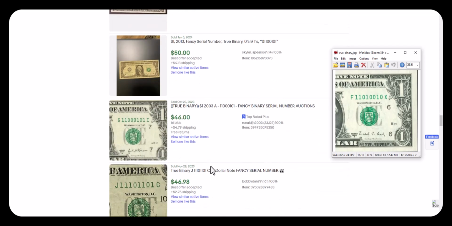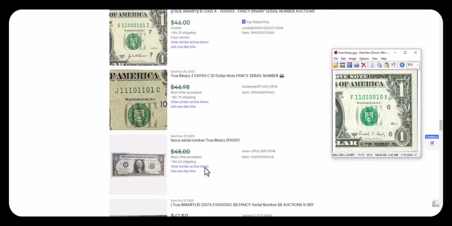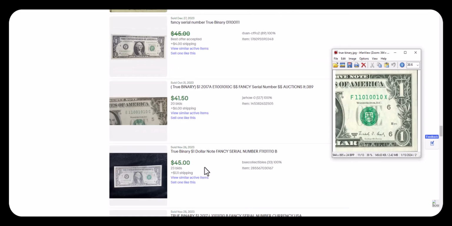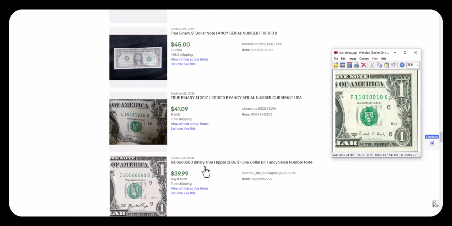We have one that's $50 shipped. Now we're getting even in the 40s here. Okay, so 4109 is the lowest one that we found so far.